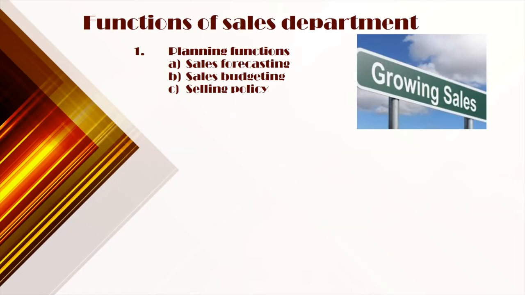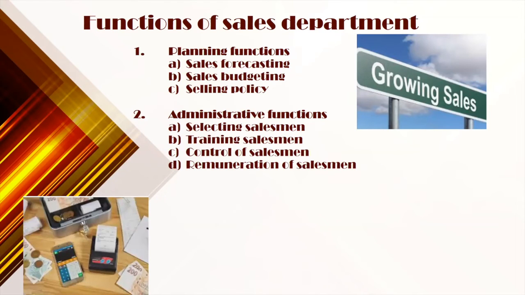Next comes the administrative functions of the sales department, which is carried out by the sales manager. First, they would be selecting salesmen based on their knack for selling, their background, their education, their acumen for sales. Various salespeople will be selected by the sales department.